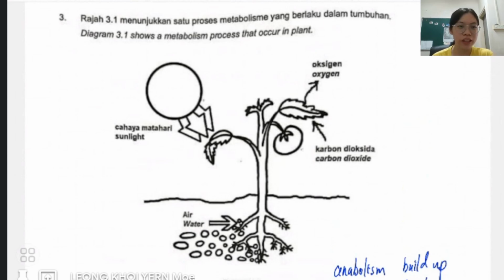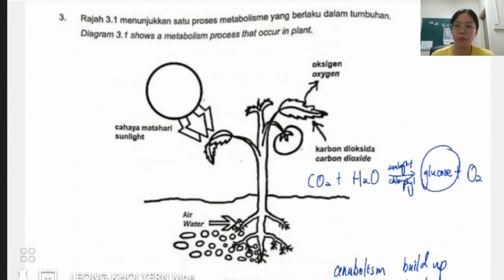So obviously, what's the main thing of photosynthesis for a plant? They require photosynthesis to produce their own food, which is glucose. So carbon dioxide plus water, with the help of sunlight and chlorophyll, produce glucose and oxygen.